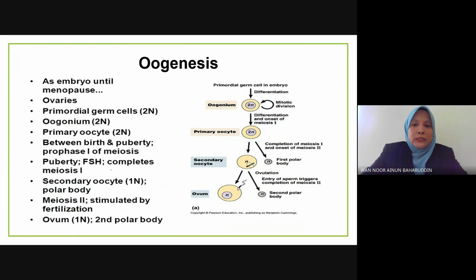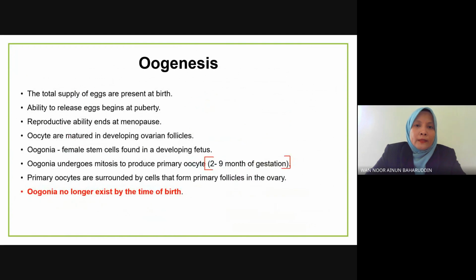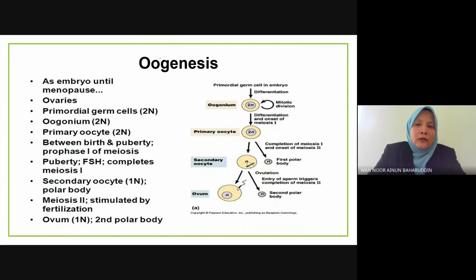This is also an illustration of oogenesis.